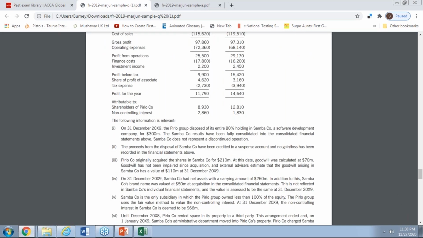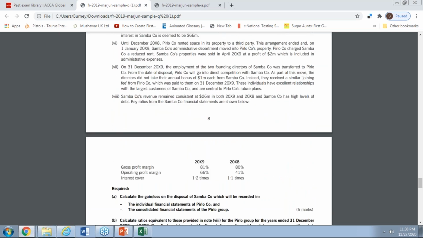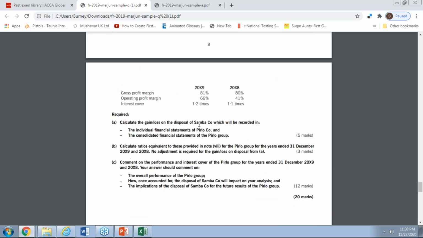It's a question in which you have to calculate the gain on the disposal in the Perlo Group, and then you have to calculate ratios. You can see here that the examiner is only expecting you to calculate three ratios: the gross profit margin, the operating profit margin, and the interest cover. So you are only required to comment on these three ratios.